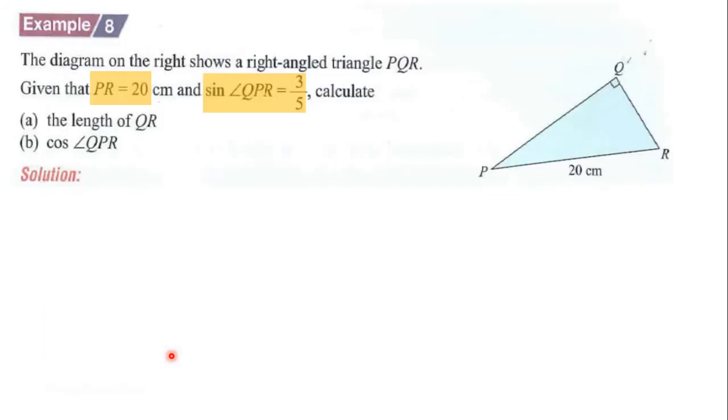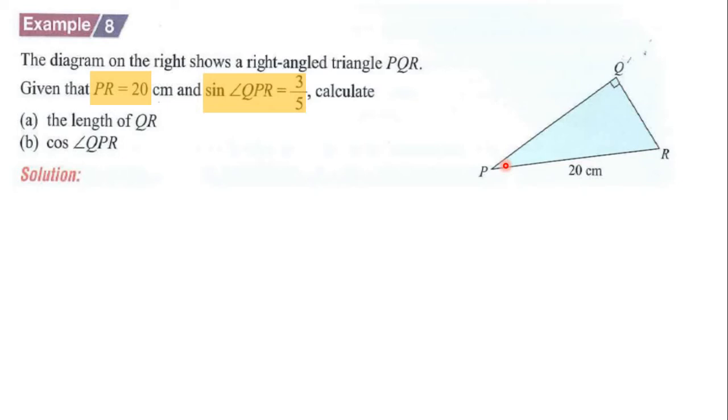Okay, now look at example 8. The diagram on the right shows right angle triangle PQR. Given PR is 20 cm and sine QPR, so the angle at P, sine QPR is 3 over 5.